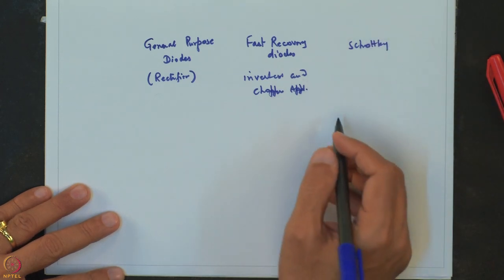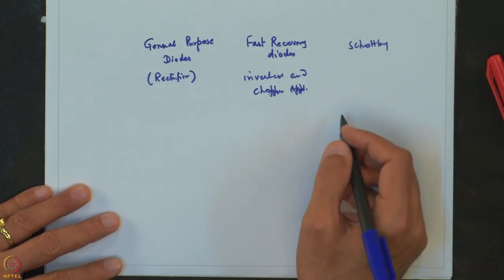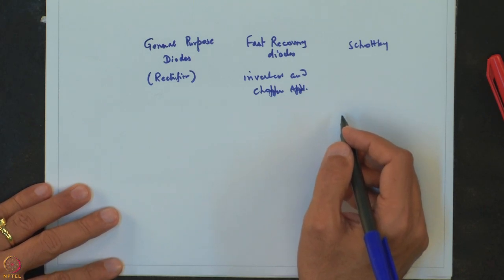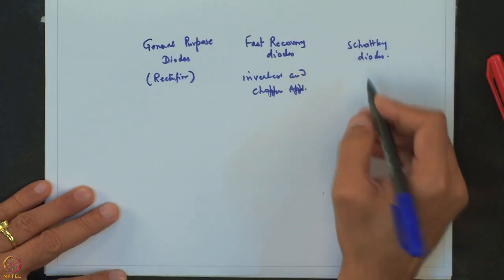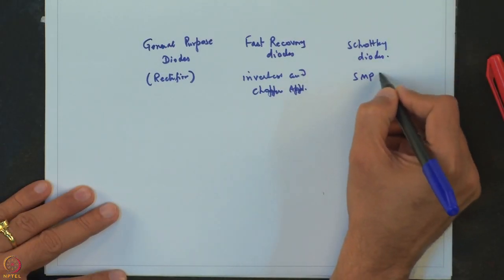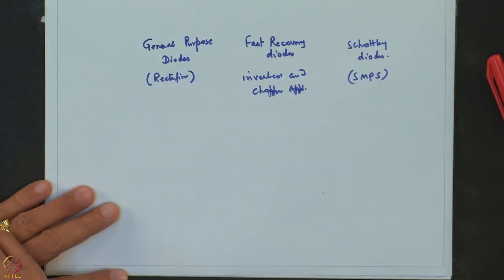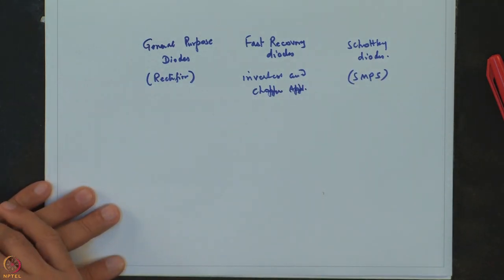They can switch very fast, as you know, their switching times are typically in nanoseconds, and they are used in switch mode power supplies. The problem is that because we are not able to go to high power with Schottky diodes, they have limitations with the maximum voltage they can go to, so they are not really available for use in other applications like inverters and choppers. So for Schottky diodes, it is mostly switch mode power supplies of the appropriate power levels where they are used.